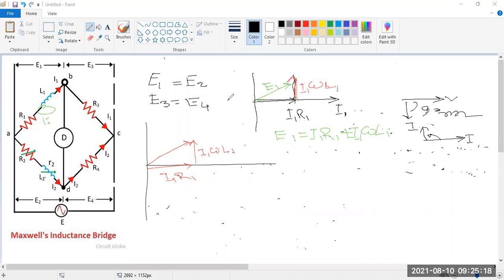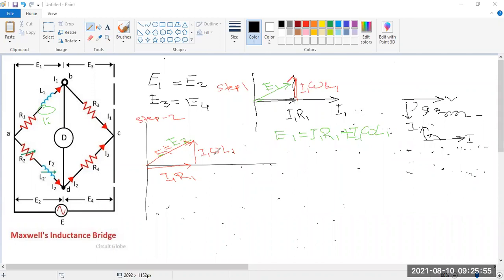Look, step 1, step 2. So U1 is here. We know U1 equal to E2 for the balance condition. U1 equal to E2, because this is given.